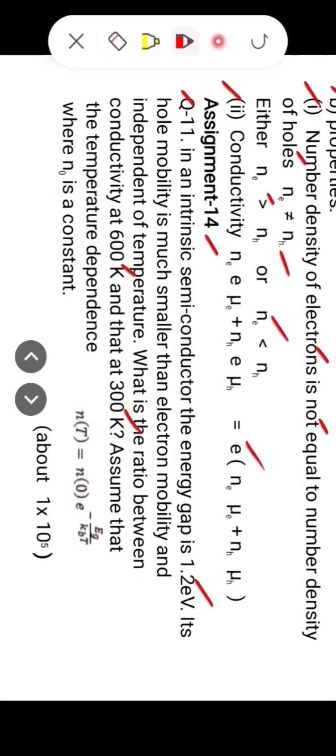Assume that the temperature dependence of charge carriers is given by the expression Nt is equal to N0 into e raised to power minus Eg by kBT, where N0 is number density at 0 Kelvin, that is constant. So your answer should be about 1 into 10 raised to power 5.